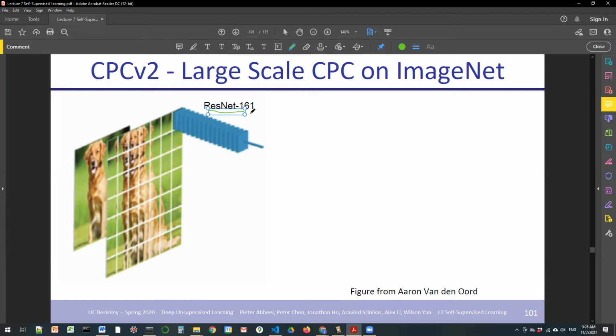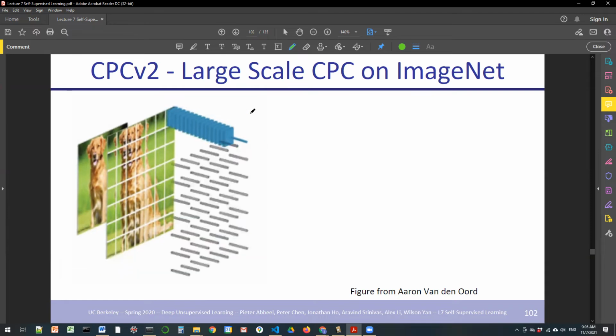The width is increased, and you end up with about 4,000 features at the end of this ResNet. And then you get the embeddings for every single one of these patches, and you process them with PixelCNN. And again, you increase the width of the PixelCNN to be 2x wider than the PixelCNN used in version 1.